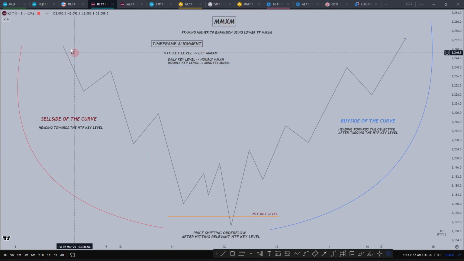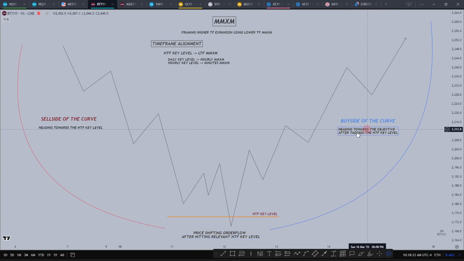MMXM is basically sell side of the curve if bullish, sell side of the curve heading towards the proper key level, which will sponsor the change in order flow, which will sponsor the reversal. Sell side of the curve is heading towards the high time frame key level, and buy side of the curve moves away from the key level, which will sponsor the move towards the draw.